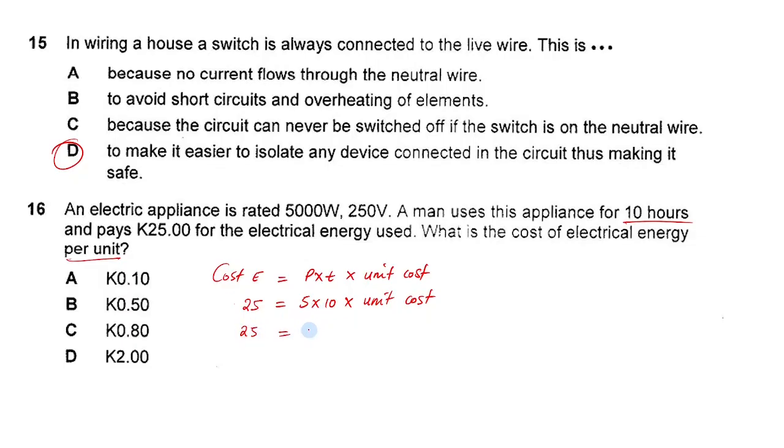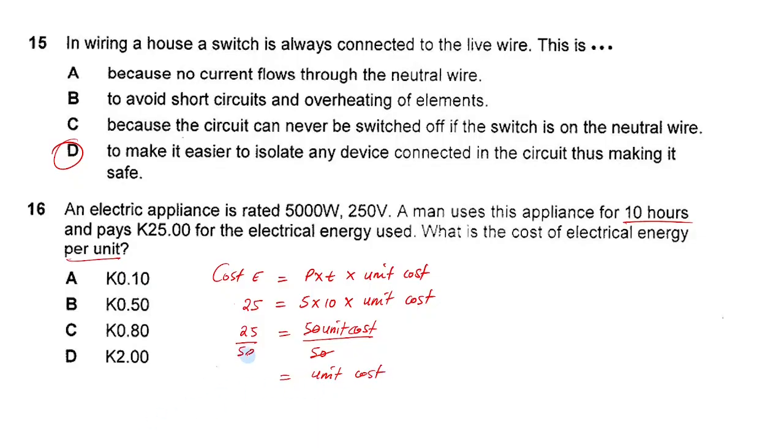Then here 5 times 10, it will be 50. Then here we'll add unit cost. So we want unit cost, not 50. So divide by 50 this side, also here by 50 to know unit cost. So 50 will go, and here we'll remain with unit cost.